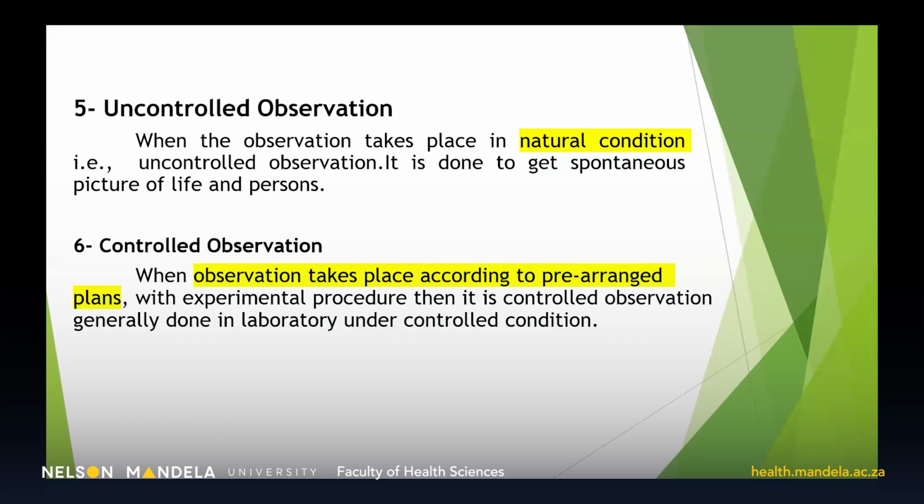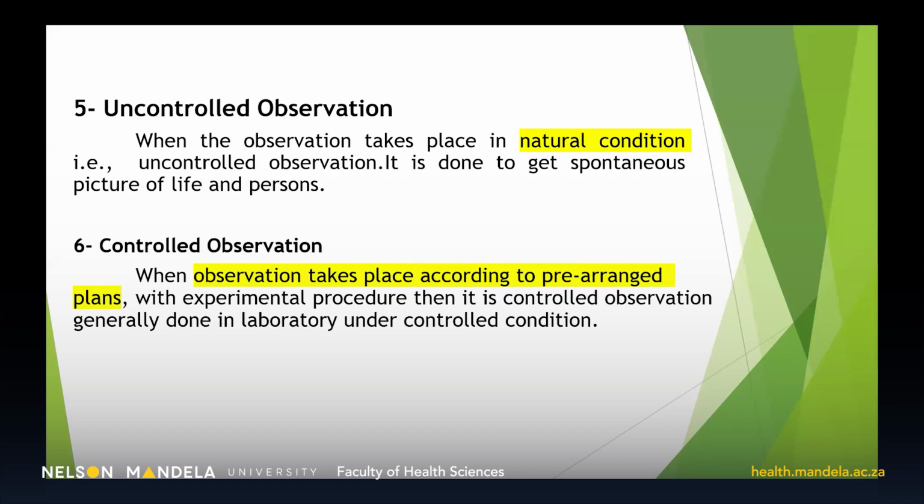You can also have uncontrolled observation when observation takes place in a natural condition. Think about it. Uncontrolled, it is done to get a spontaneous picture of life and person.